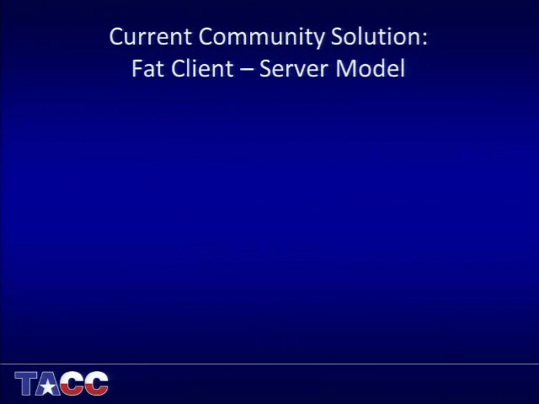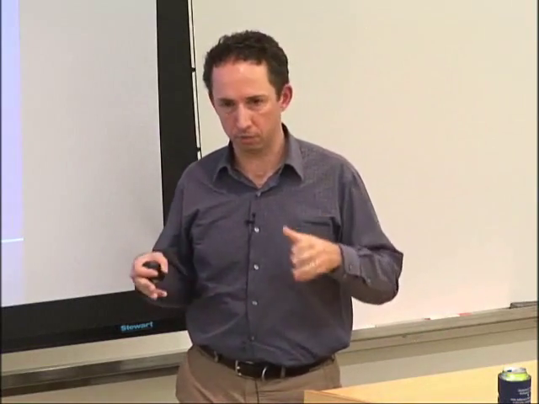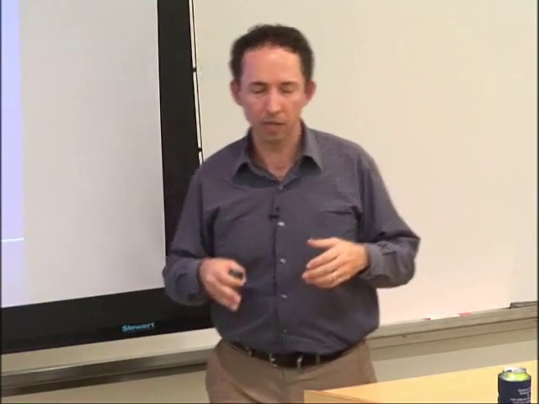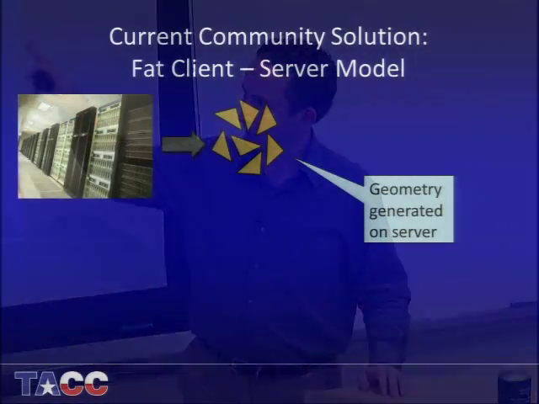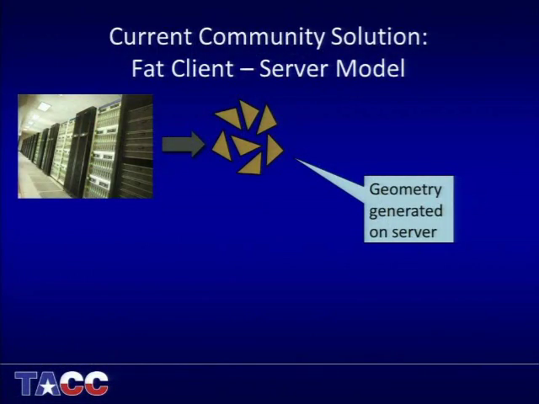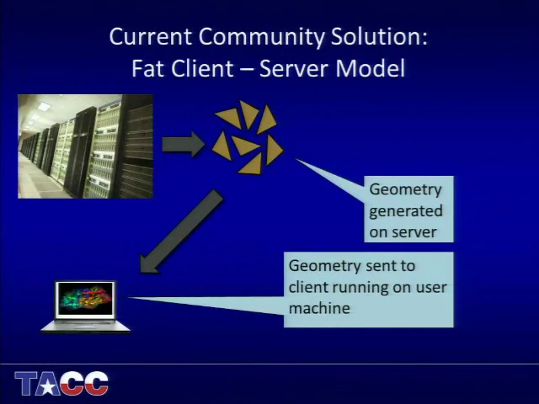Okay, so there are some tools out there, some toolkits like ParaView and Visit. Two large, open source platforms based on VTK to do visualization. And what they've done is they use a fat client model where the geometry is generated on a server and then shipped to the client.